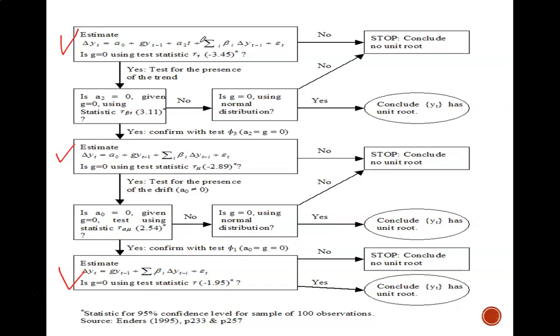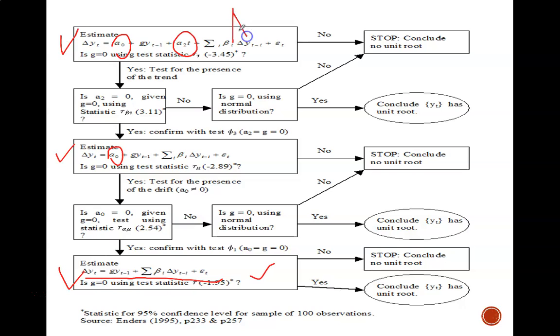Let me start from the one down here: without constant and trend. This equation is with constant. This equation is with constant and trend, which is available in most unit root tests, especially the ADF.